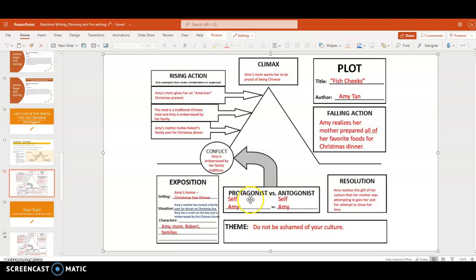And thinking about the protagonist versus the antagonist, who is the person that we're kind of rooting for in this story, that would be the main character, Amy. And then Amy is also her own antagonist, she's creating her own conflict because she's the one that is experiencing the conflict.